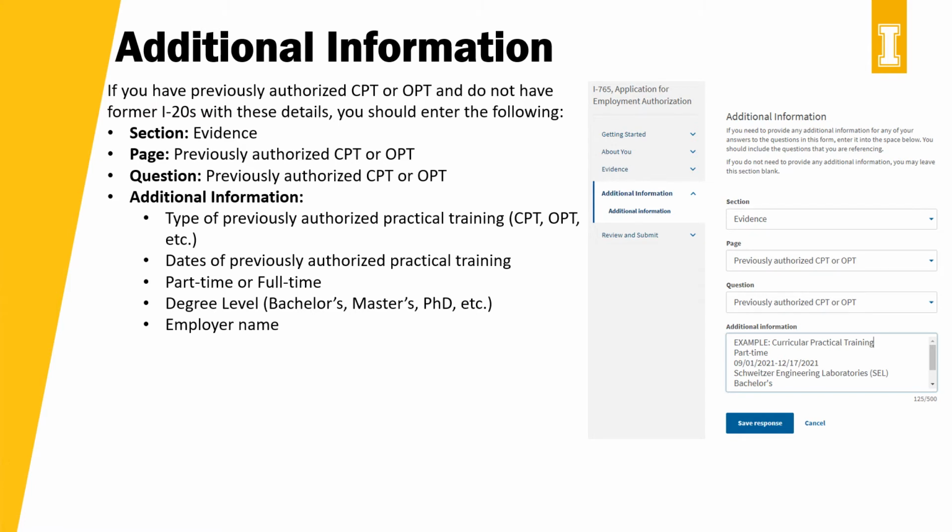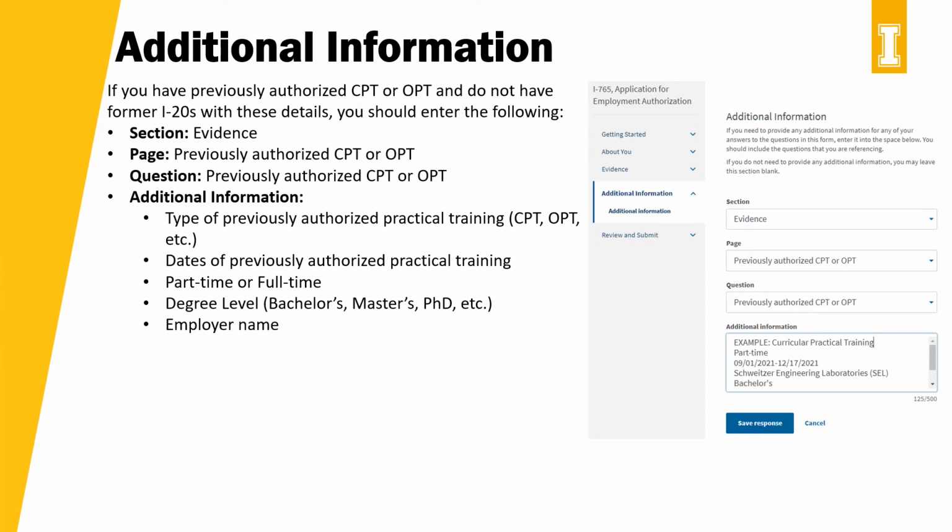If you have previously authorized CPT or OPT and do not have the former I-20s with those details, you should enter the following information in this section. Under this section, choose Evidence. Under Page, choose Previously Authorized CPT or OPT.